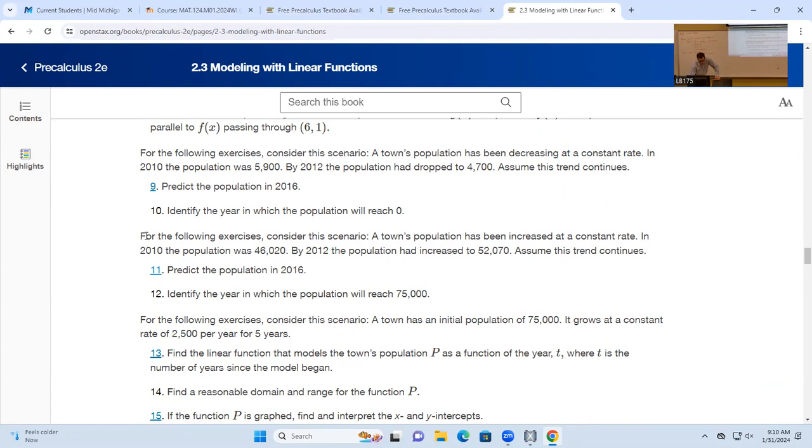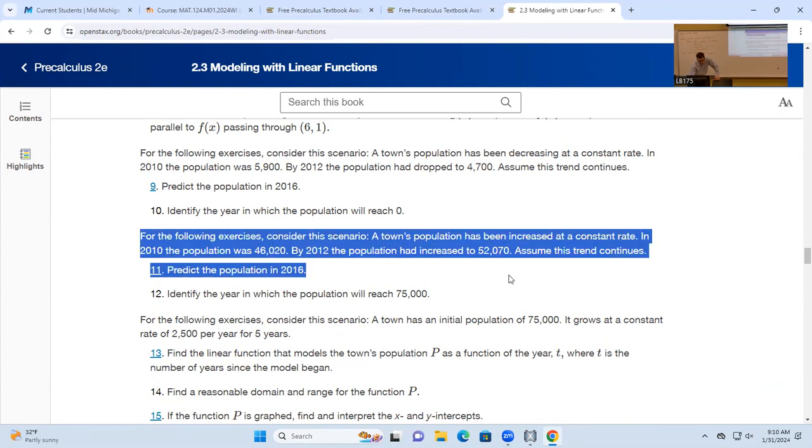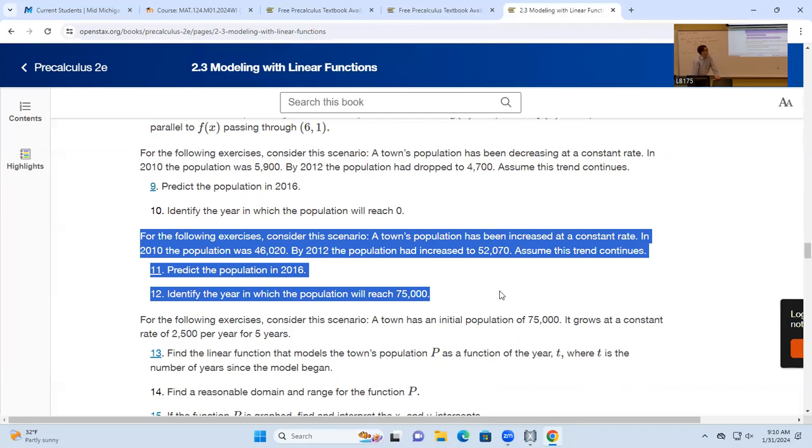So I'm going to highlight this one, just so I don't have to write it. This is a problem in our book. I'll write the basics of it on the board, and then we'll solve it. So we're going to consider this scenario.